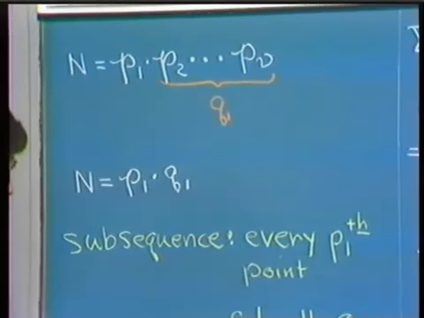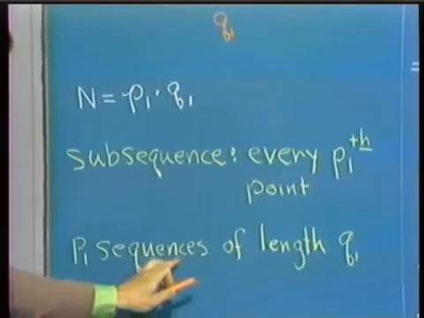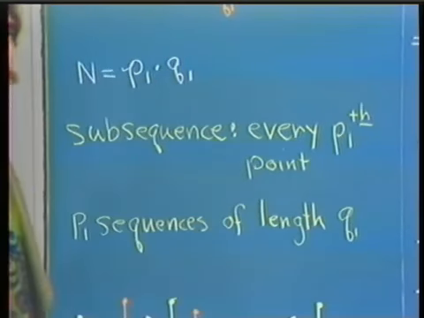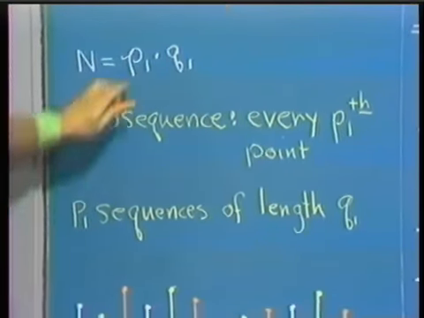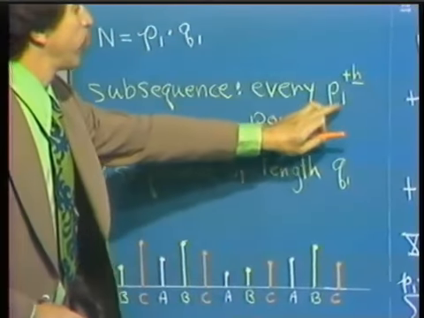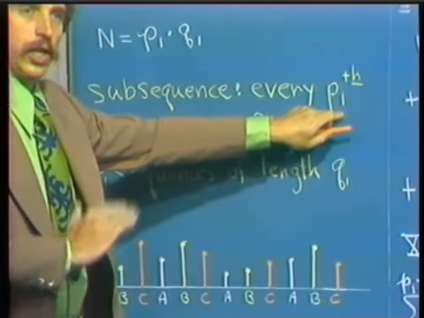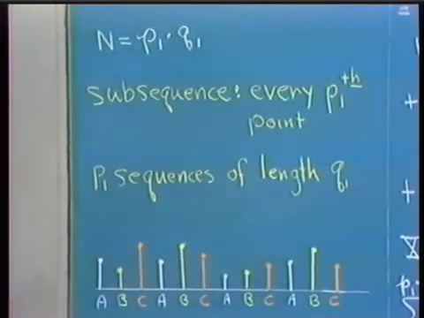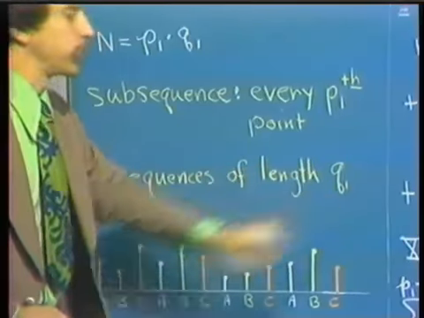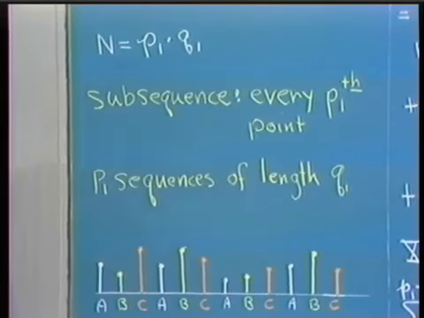So how many sequences are there? Well, there are p1 sequences, and the length of each sequence is q1. For example, if p1 was equal to 2 and q1 was N over 2, this would be every other point. That's choosing the even-numbered points and the odd-numbered points. There would be two subsequences, each of length N over 2.